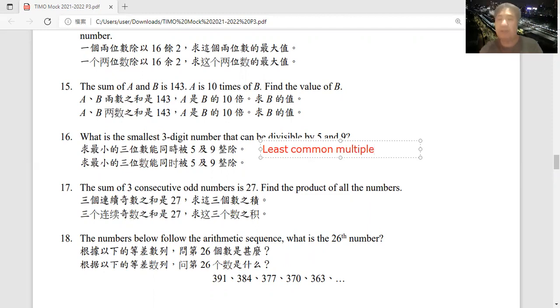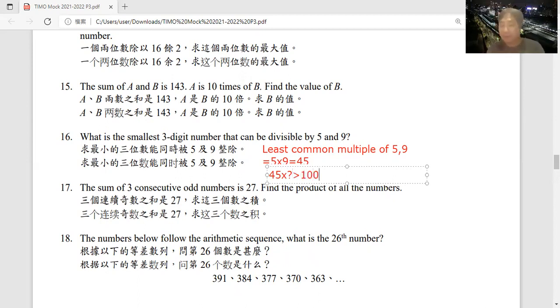It means that the number can be divisible by 5 and 9, which is 45. So you multiply 45 by a number that makes it greater than 100. Of course, you know that this is 3, so there will be 135.